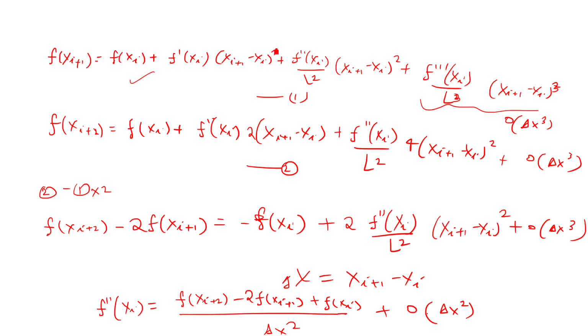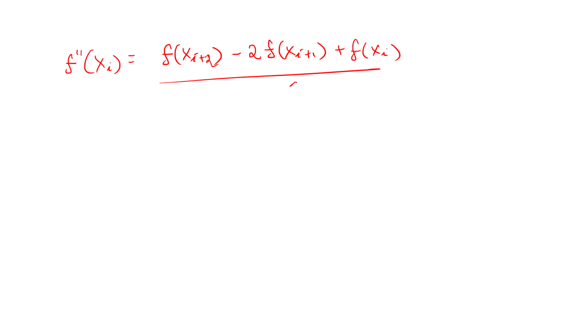Sorry, order of delta x, because delta x square will be divided. So my f double prime xi became f of xi plus 2 minus 2 f of xi plus 1 plus f of xi divided by delta x square plus order of delta x.